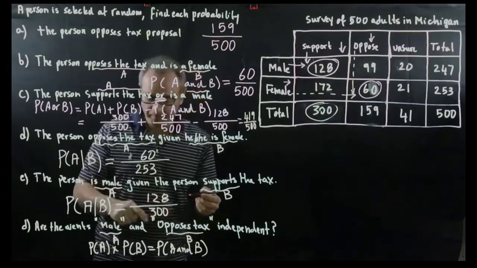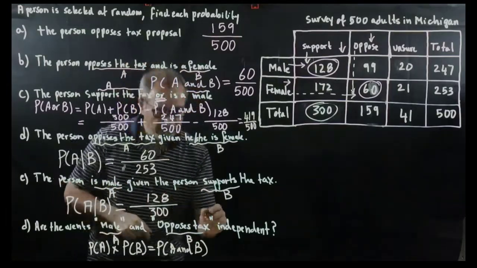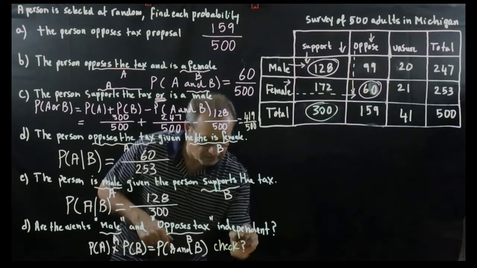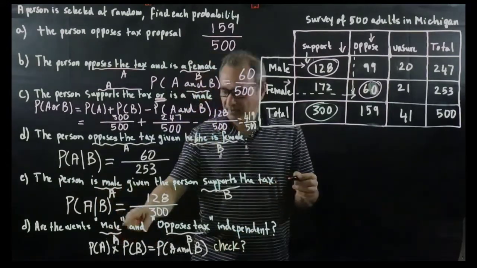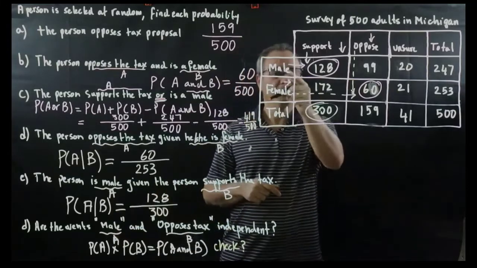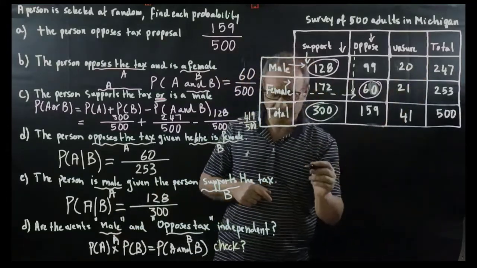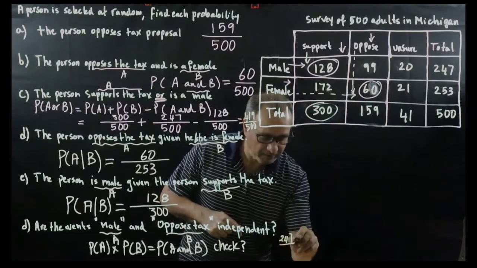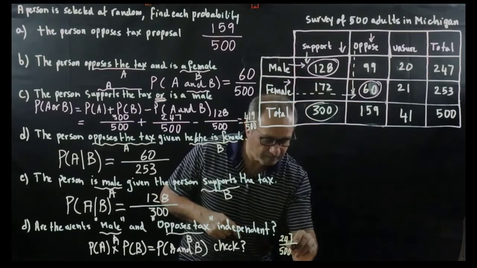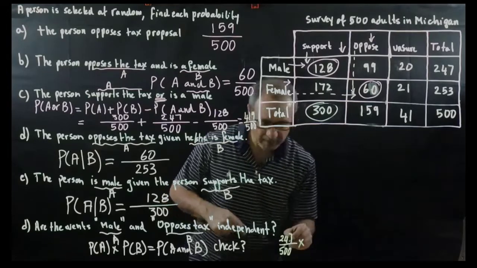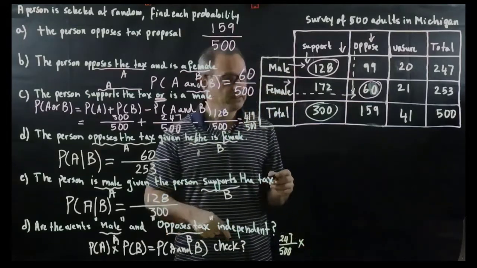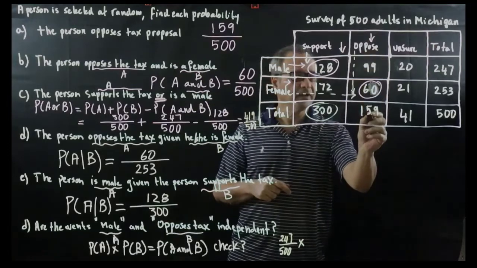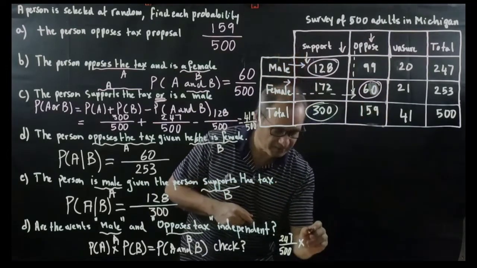Well, let's check. What is the probability of A? Selecting a male. Okay, total of males 247, so it's 247 divided by 500 times the probability of B, opposes tax. What's the probability of selecting someone who opposes tax? 159 divided by 500.